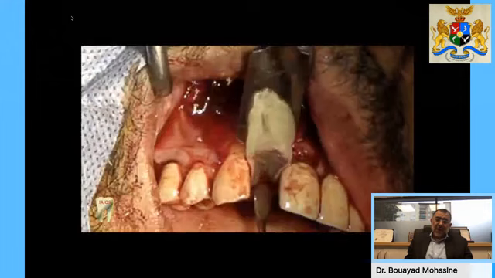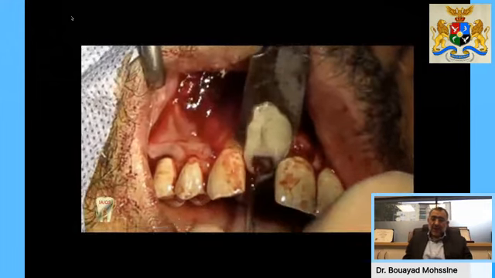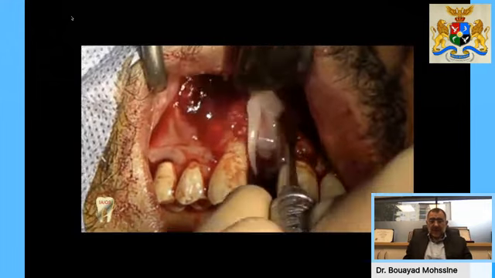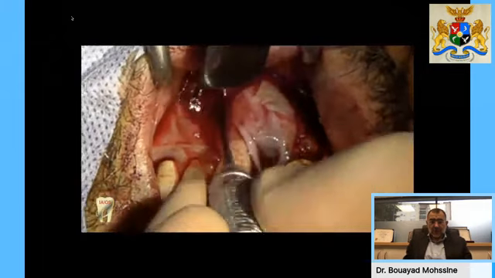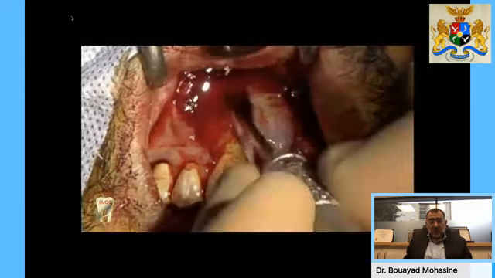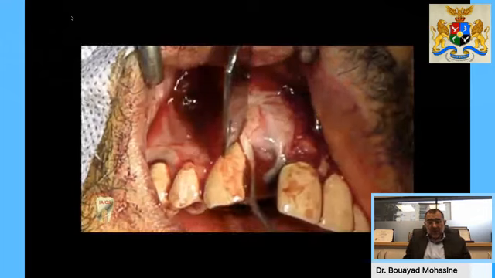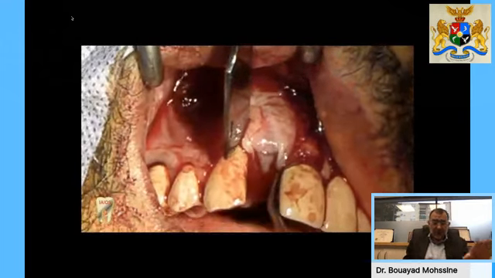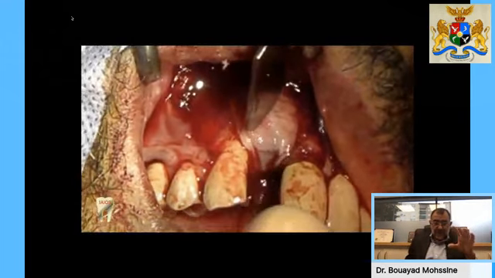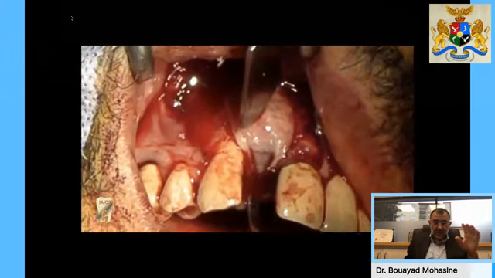We place the growth factors and the PRF over the bone grafting to preserve the bone and to avoid losing this bone during the healing.